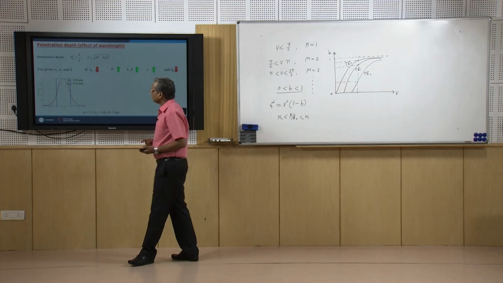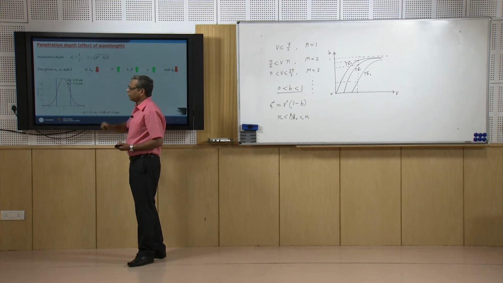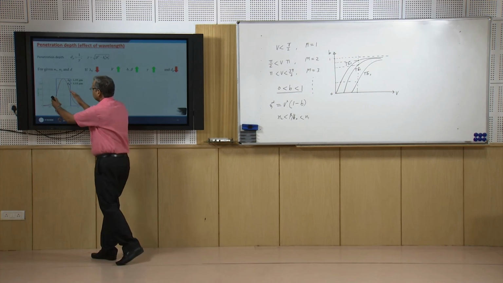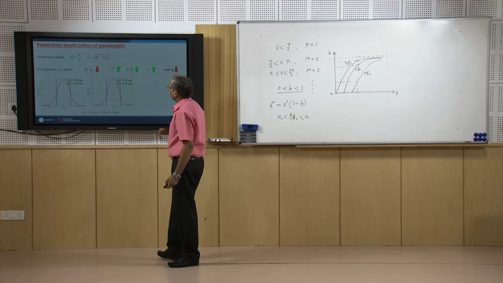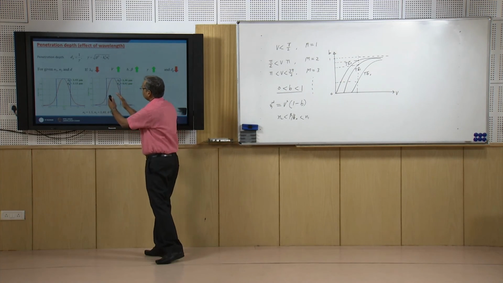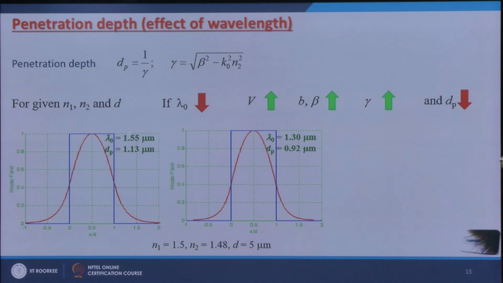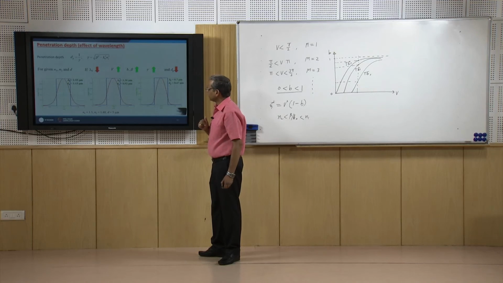This is the field of a given waveguide when operated at 1.55 micrometer. You can see how much the field extends outside, and when I decrease the wavelength to 1.3, the field is pushed more towards the N1 region, and when it is 0.7 micrometer, the penetration depth is much smaller.